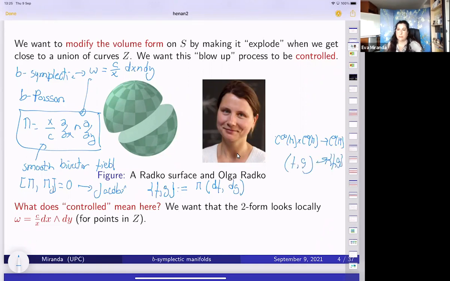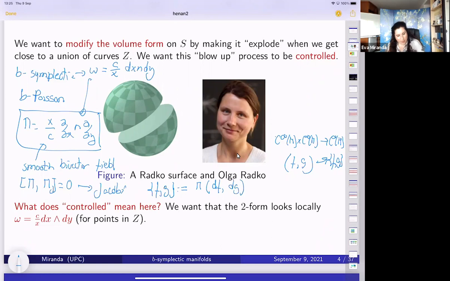This is an assignment, and I say it's a Poisson bracket if it satisfies three conditions that I'm going to write in slides, but are very simple: antisymmetric, Leibniz rule, and Jacobi identity.